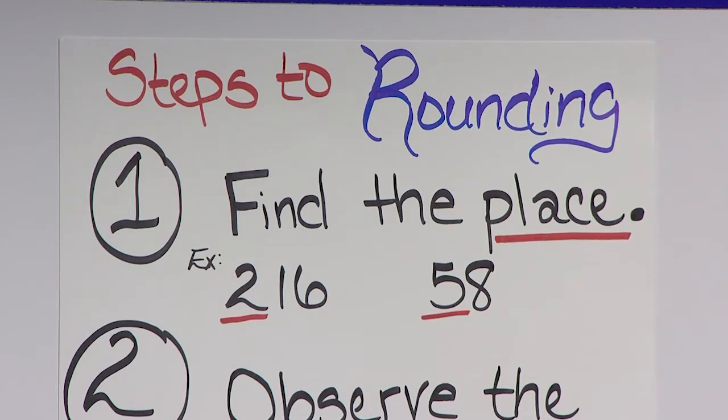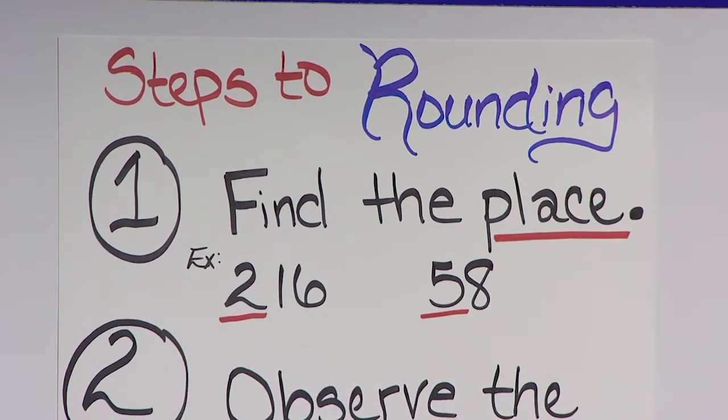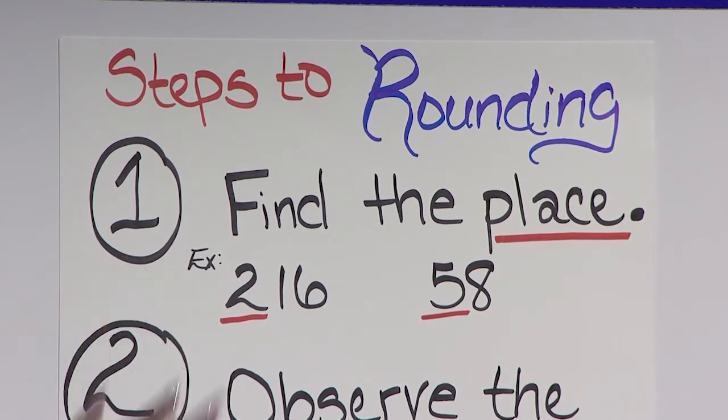Now let's look at some steps to rounding. Remember, we said that rounding is based on place value. So step 1, we need to find the place. What place are we rounding to? We have 2 examples, 216 and 58. 216.